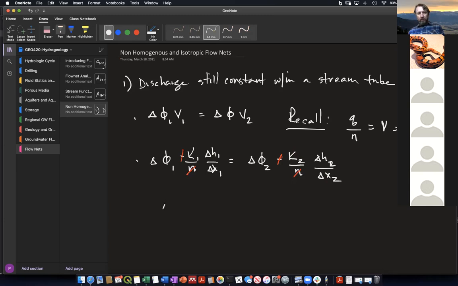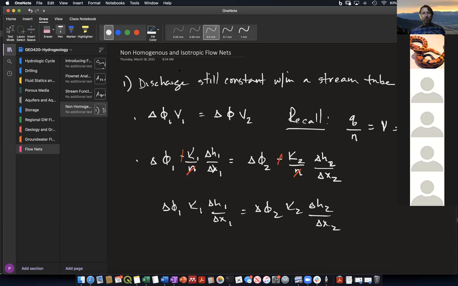So let me just write this out more cleanly. Delta phi 1, K1, delta H1 over delta X1, equals delta phi 2, K2, delta H2 over delta X2.